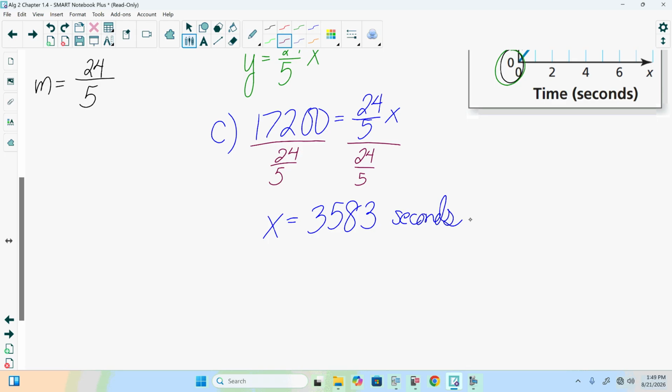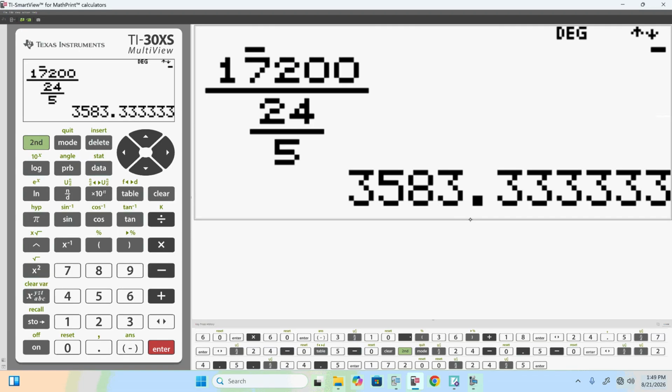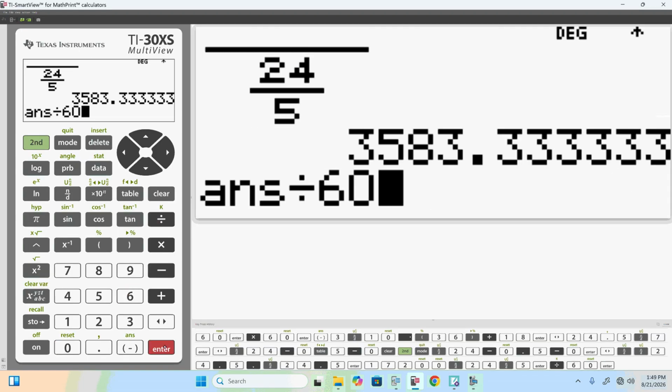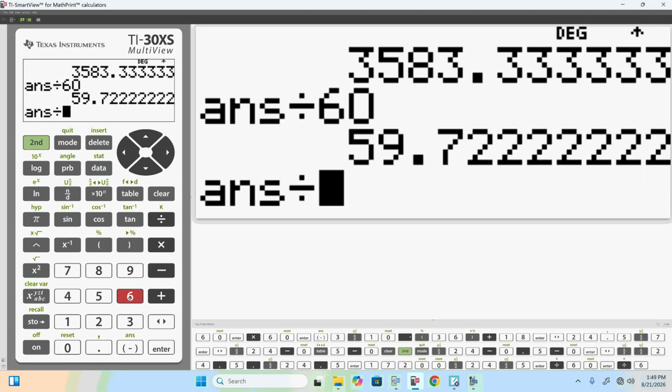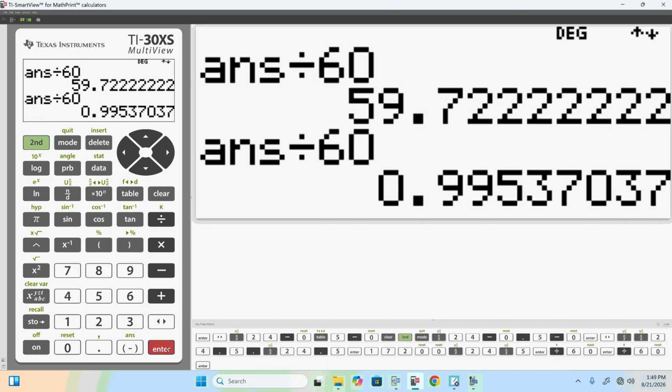That is almost 1 hour. It's 17 seconds short. Because if we divide it by 60, we would get minutes. And if we divide it by 60 again, we get hours. So it's 0.99 hours. It's almost 1 hour.